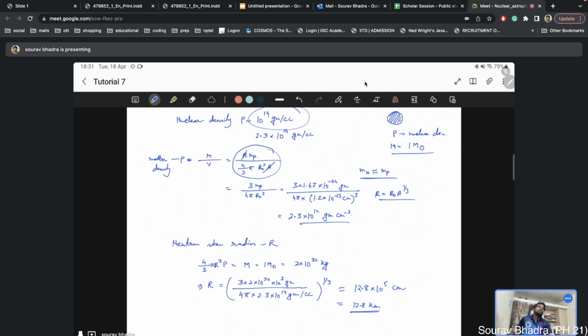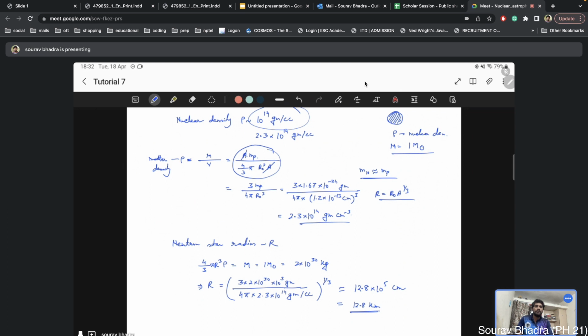And I will ask you to go through the HR diagram. You can see the position of white dwarfs in the lower part of the main sequence, and from that you can also calculate the radius of a white dwarf. White dwarf and neutron star are almost similar type of objects, not the same objects, in terms of mass and radius.